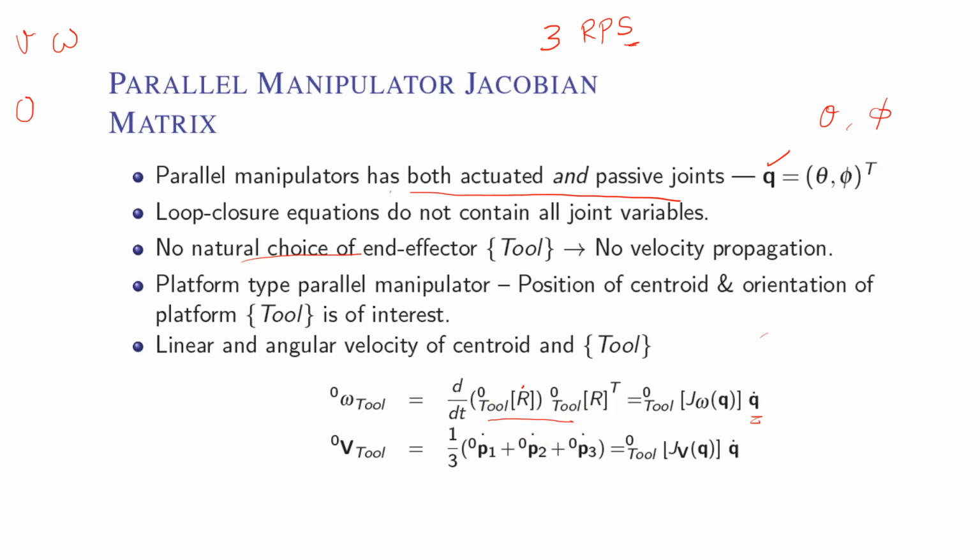Likewise, the linear velocity of the center of the top platform can be obtained, in this case, from the sum of the linear velocities of the three connection points.